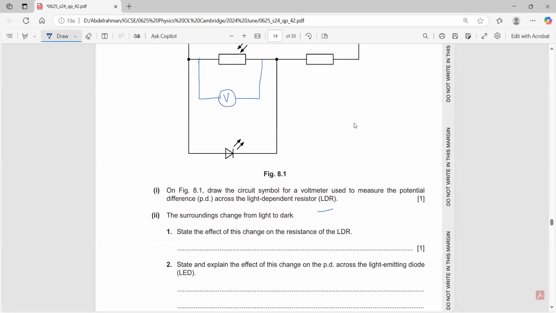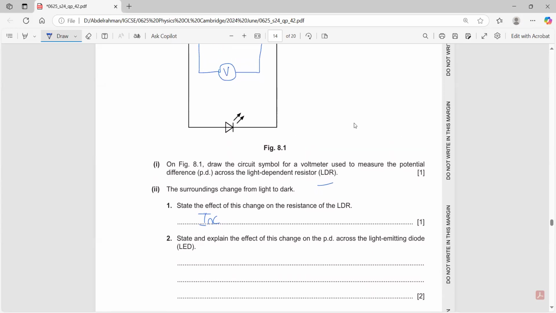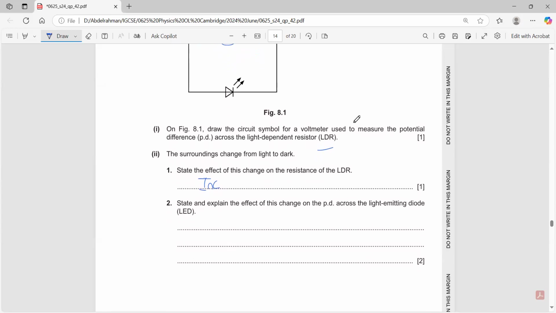The surroundings change from light to dark, right? As the brightness decreases, what happens to the resistance? The resistance increases. State and explain the effect of this change on the potential difference across the LED. When the resistance increases, what happens to the potential difference?